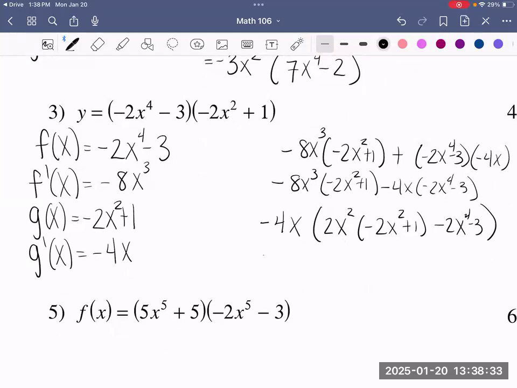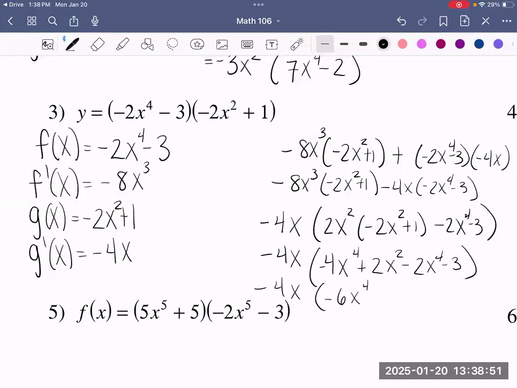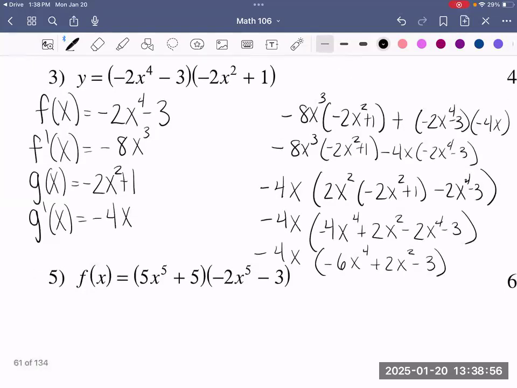All right, now let's go ahead and start to simplify just a little bit more. And one more time, I might go ahead and choose to take out that negative to make this a positive 4x.